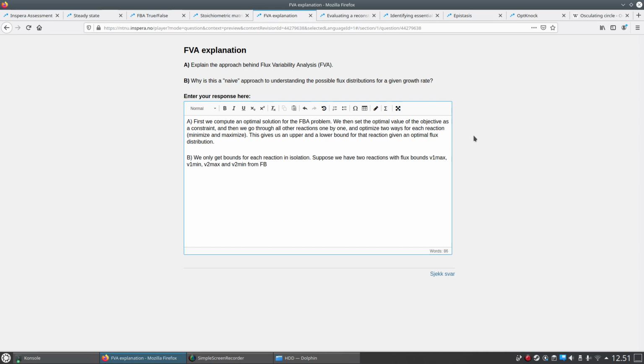From FVA, all of these fluxes are possible while being an optimal solution. V1 can take any value between V1 min and V1 max, and the flux could still be optimal.